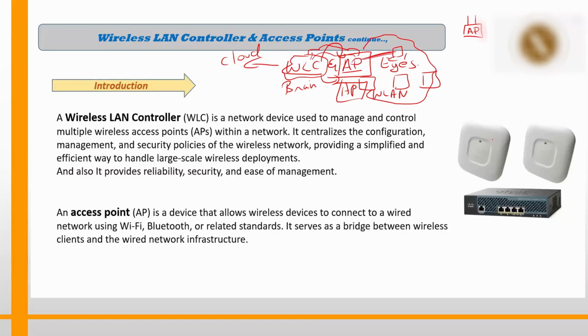So it will be fed to the WLC. So WLC will be centrally managing these APs. Okay. It centralizes the configuration, management, and security policies of the wireless network. And also it provides reliability, security, and ease of management.